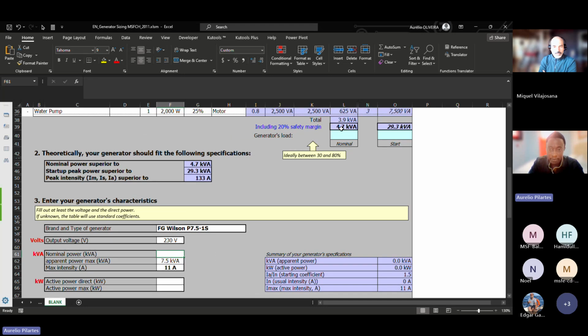If you have 4.5 and you put here 4.7, you see, this is exactly what we have, and you are loading your generator at 100%, which is not a good approach. So if we go, let's say for 10, then our generator is at 47%. It could work, but it's not a good idea either because we are not at the optimal power that we need.